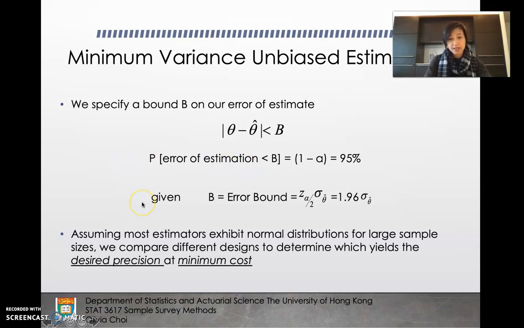In this case, if this is a normal distribution, the bound of error B would equal the critical value of Z multiplied by the standard error of our estimate. If that's a normal, the critical value would be 1.96 times the standard error of our estimate.